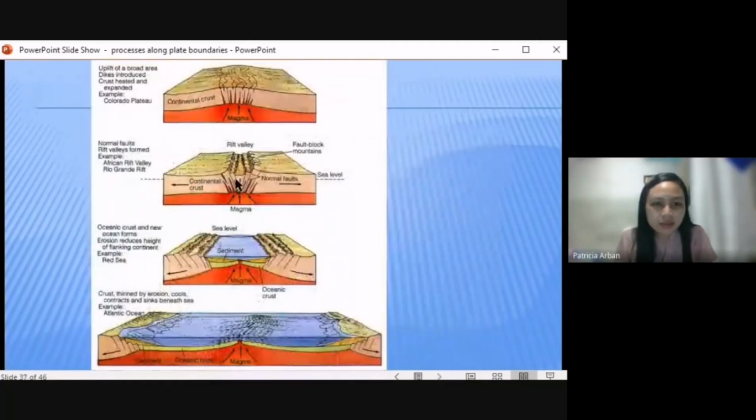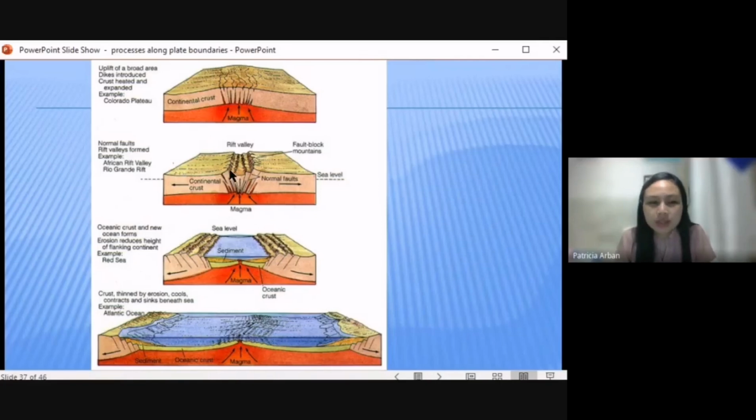The next one, after thousands of years, hundreds of thousands of years, nag-separate na siya. As you can see here, sa ilalim, there is rock pa rin. It is because when the magma reaches the crust, it will cool down. And if it will cool down, magiging rocks na siya doon.